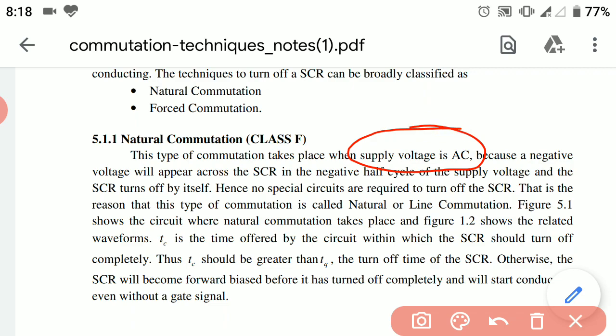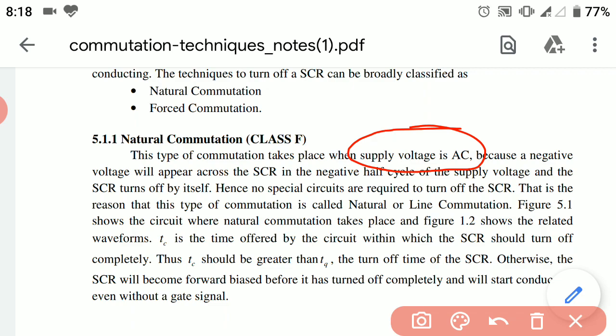If we use a DC supply with this commutation technique, the thyristor will not turn off. So AC should be the supply voltage to apply natural commutation.